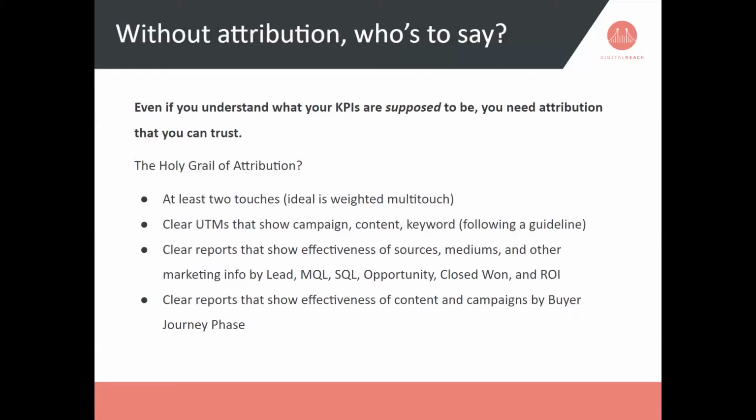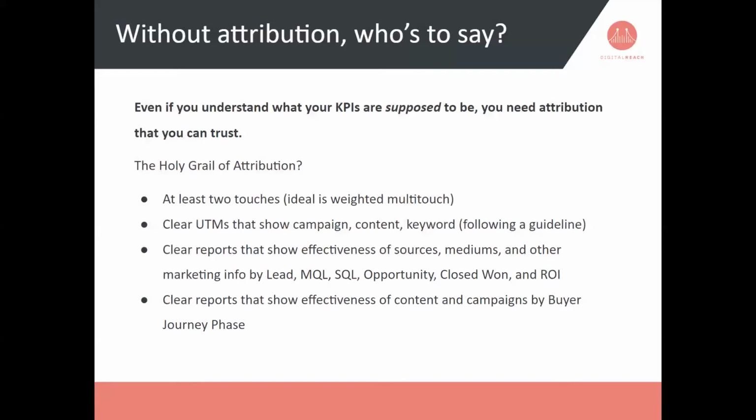Next, if you have good attribution, you're going to be able to show a clear report. So, developing those reports that show how effective your sources and mediums are, as well as being able to see your funnel, like lead, MQL, SQL, opportunity, closed won, ROI, by medium or channel. Being able to show that effectiveness in a report is super important.